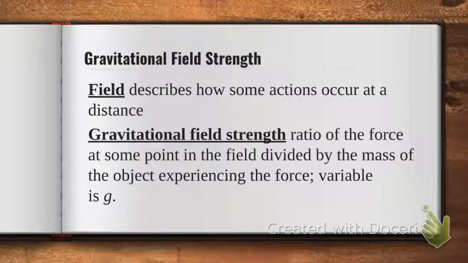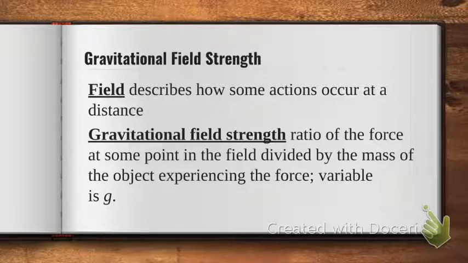So, gravitational field strength. The word field describes how some actions occur at a distance. The Moon is in the Earth's gravitational field, so it is affected and has certain behaviors based on its position.